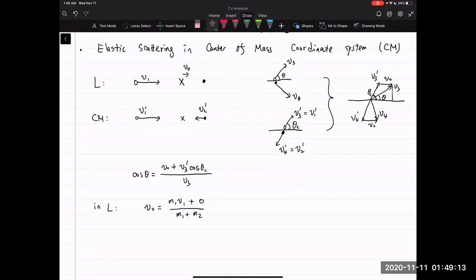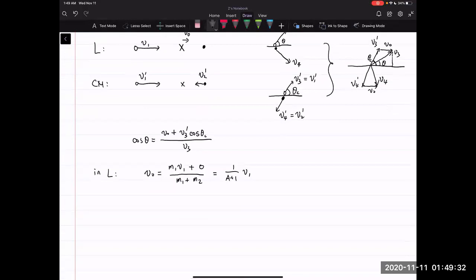So this is V0, the center of mass speed in the lab frame. And M1 is just M, the mass of the neutron, M2 is AM, so this is 1 over A plus 1 times V1.